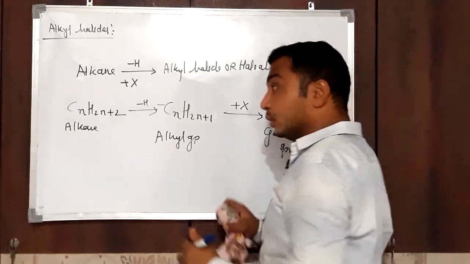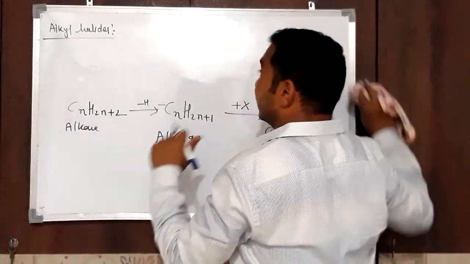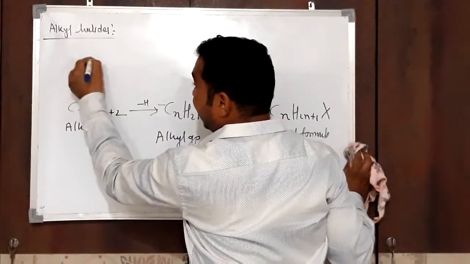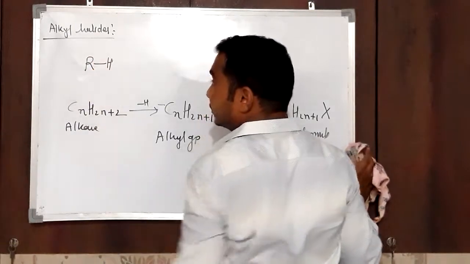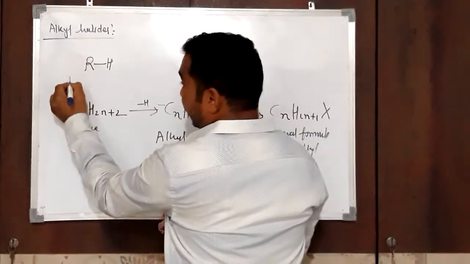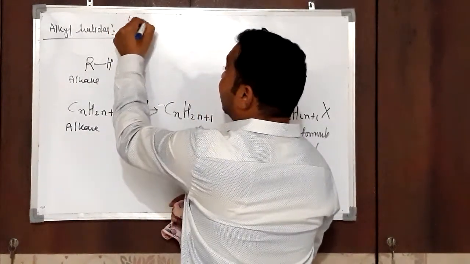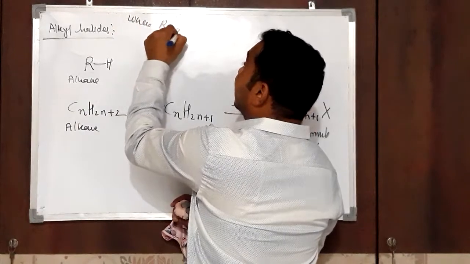Or again, we know alkane is also represented in short by R-H. That is the simple representation of alkane, R-H, where R stands for any alkyl group.